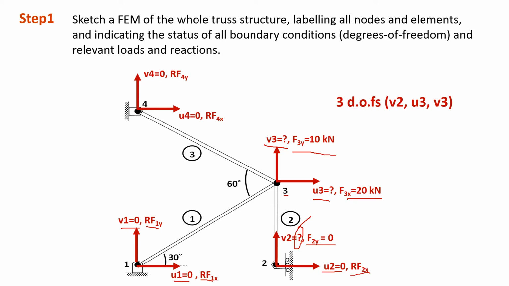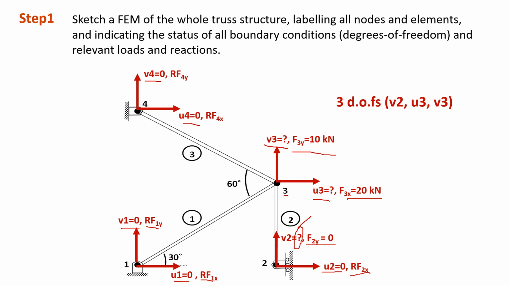And lastly, at node 4, again, node 4 is pin supported, meaning that it cannot have displacement in x and y direction. So that's why u4 is equal to 0 and v4 equal to 0. Remember, when there is a restriction of movement, then we will have the reaction forces.